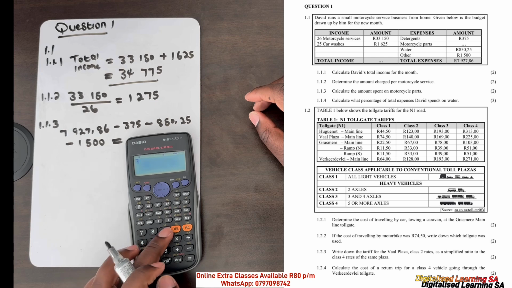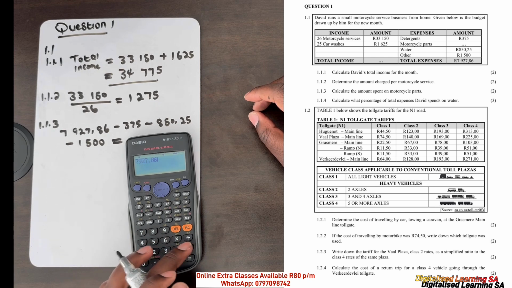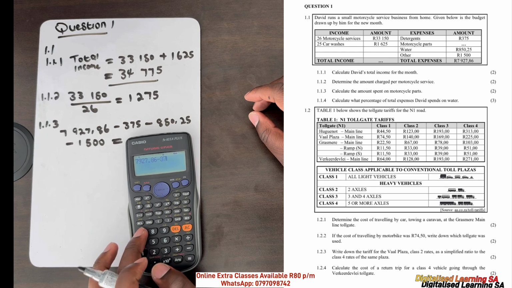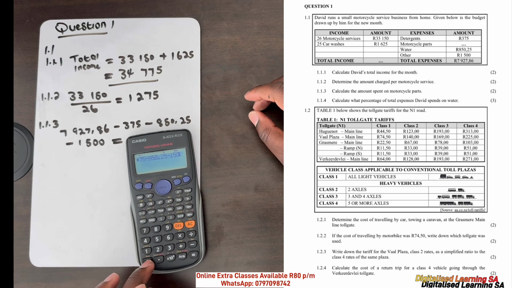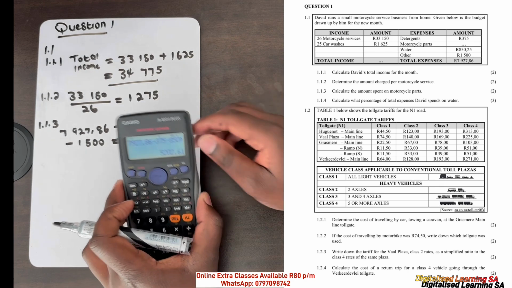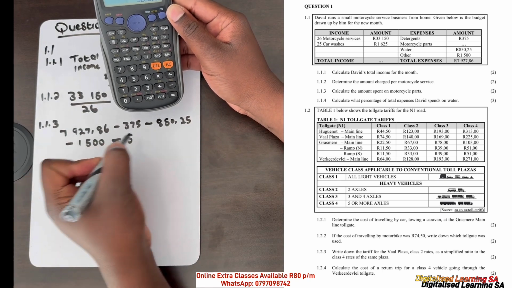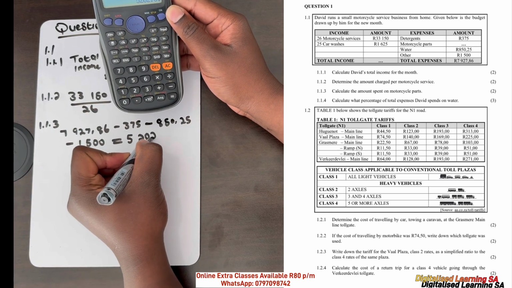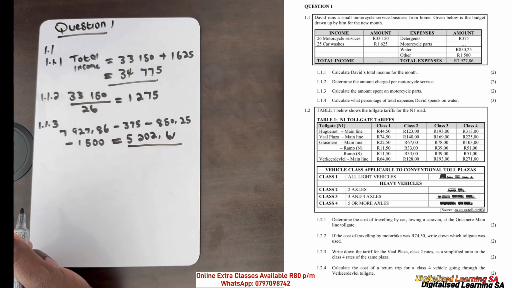So it's 7,927.86 minus 375 minus 850.25 minus 1,500, and we can see that the amount for motorcycle parts will be 5,202.61.